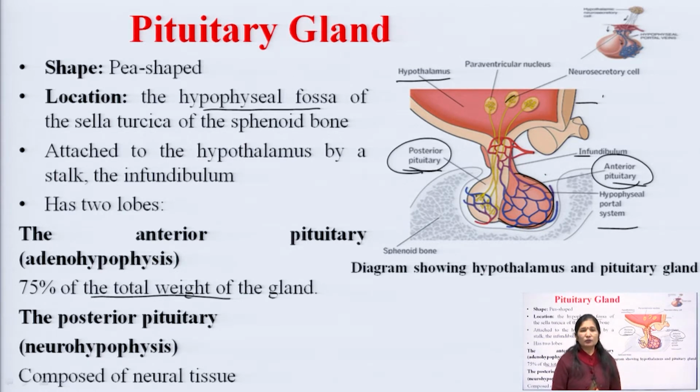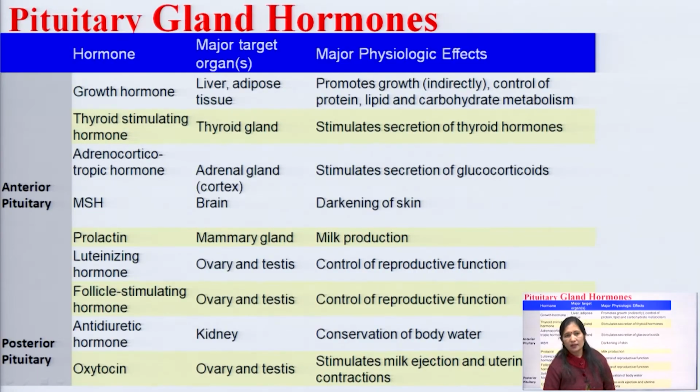They travel from the hypothalamus and reach the anterior pituitary, and then anterior pituitary secretes its hormones into the blood, which goes to the target gland. So, this is the structure of pituitary gland.